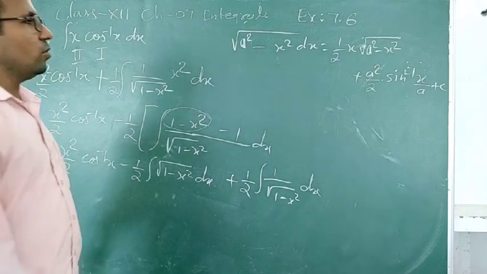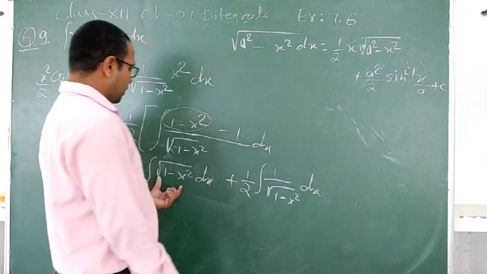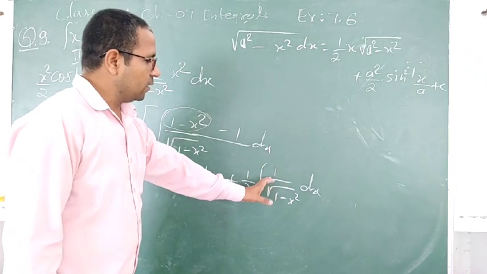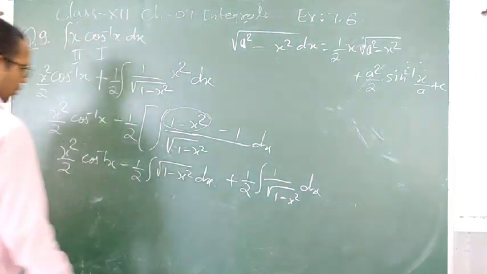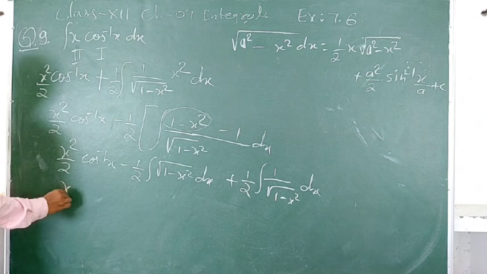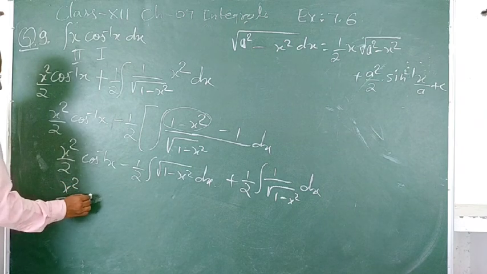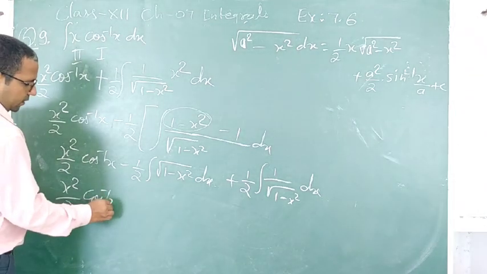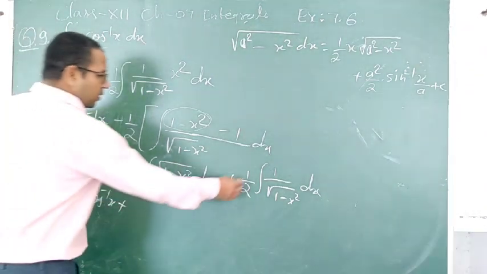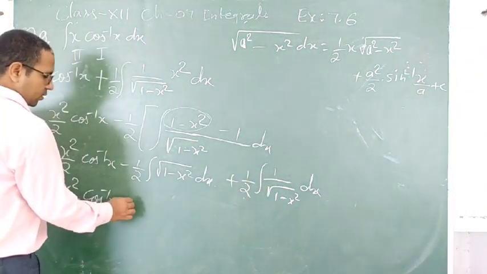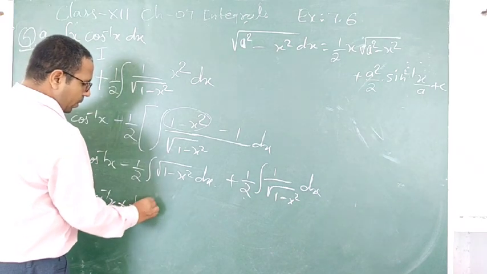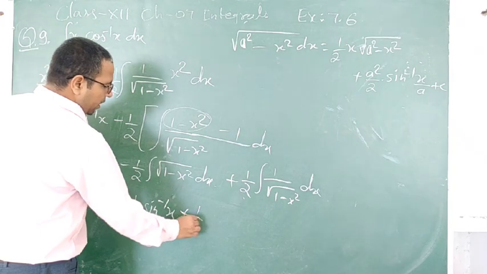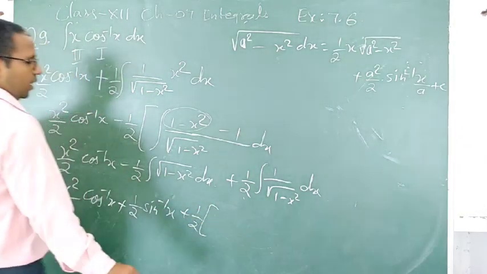So what we have to do here is just substitute in the formula, and this one is the integral of sin inverse x. So x square by 2 cos inverse x plus 1 by 2 sin inverse x, and plus 1 by 2, just put in the formula.